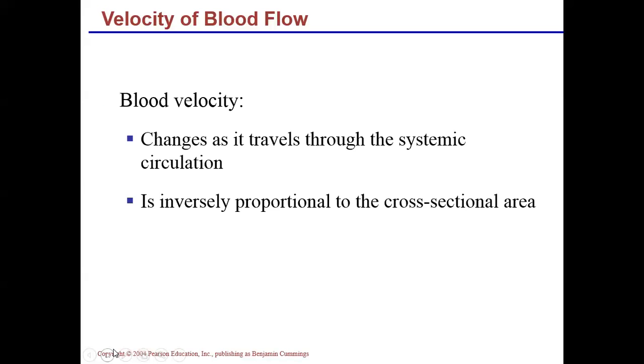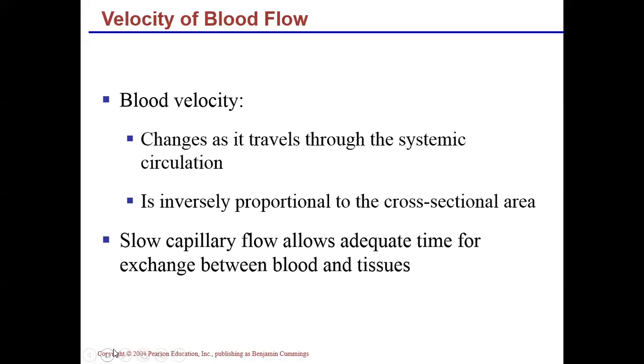All right, so viscosity, we already discussed this already. Now, velocity is another thing that we need to talk about. The blood velocity changes as it travels through the blood circulation, called the systemic circulation, because it's supposed to go and reach the tissues.